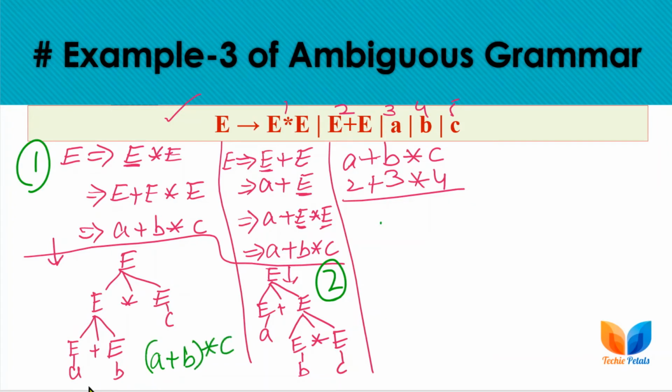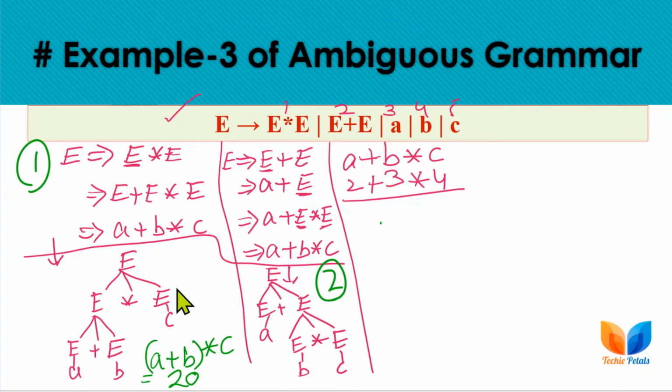As we have the lower precedence operator at the lower or inner level, a plus b will be performed first, then the multiply operation. So here the result will be 2 plus 3 into 4, and we will be getting result as 20.